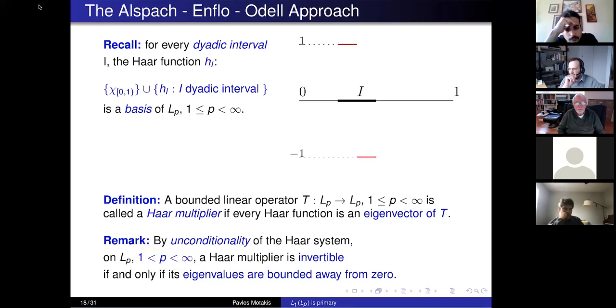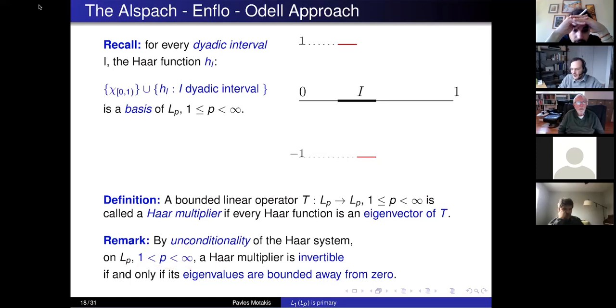What this means is that whenever you have a convergent series that represents some element in your space, then by dropping coefficients in your series, this still converges. This is a very strong property that fails for p equals 1. It fails blatantly. And what you can extract from this nice property is that Haar multipliers are completely understood in the range strictly between 1 and infinity.